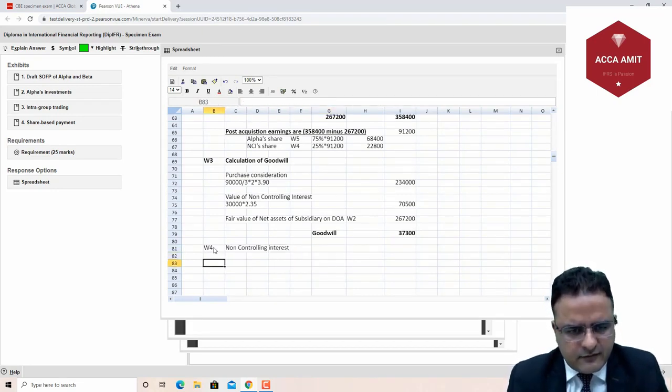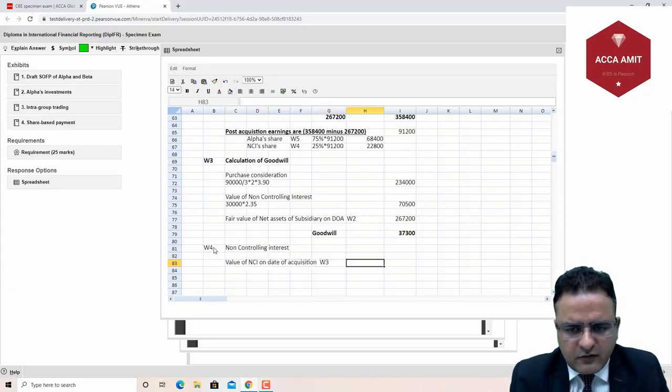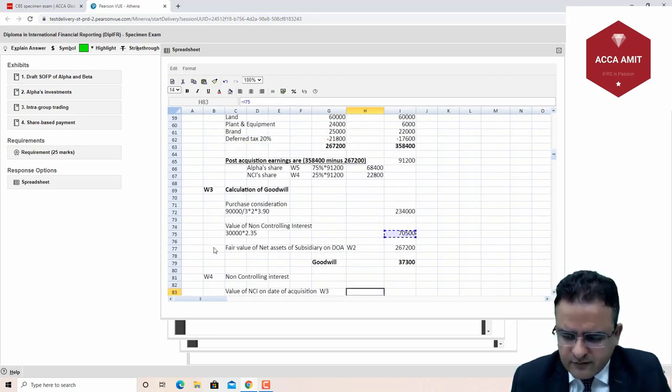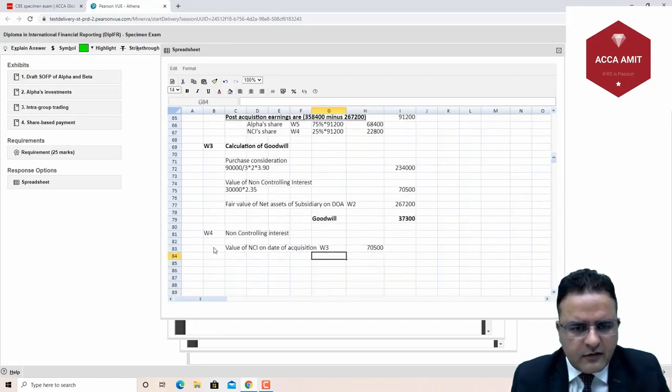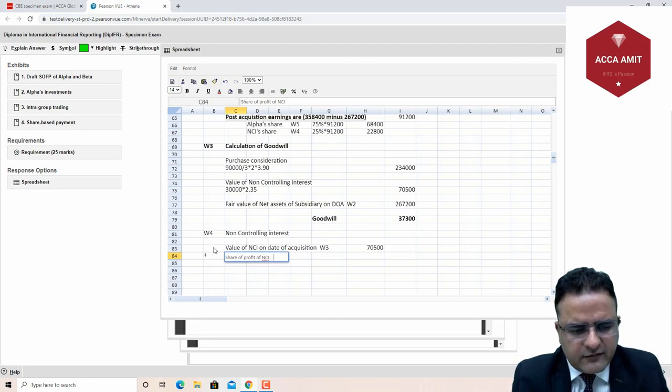Value of NCI on date of acquisition. Value of NCI on date of acquisition is in working note number 3, which is equivalent to 70,500 plus share of profit of NCI.